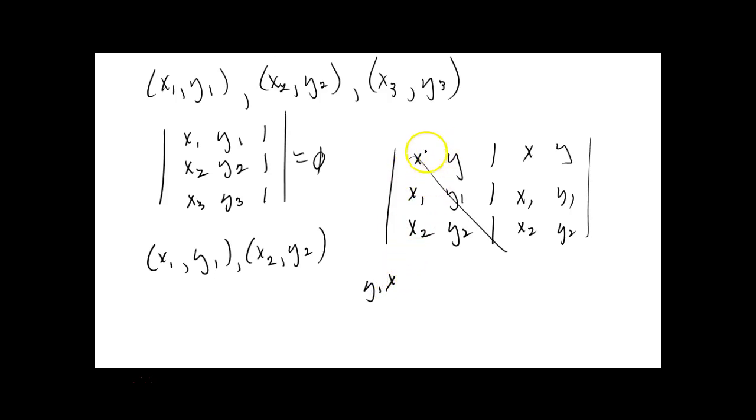And then do this, and that gives you y1x plus x2y plus x1, y2, and this will be minus x2, y1, you're absolutely right, good catch, minus x2, y1.